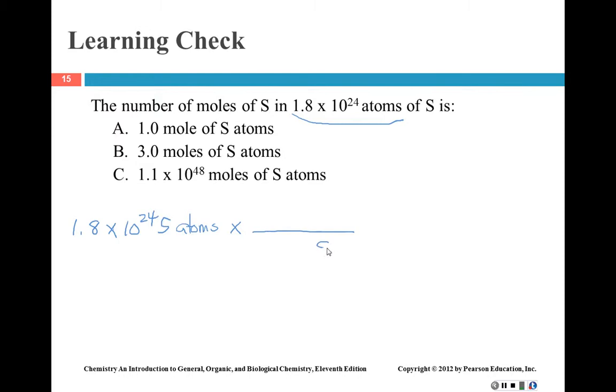Yes, sulfur atoms. And it's asking for moles, so we're good to go on that. So we know that 1 mole of sulfur gives us what? What's the magic number? 6.02 times 10 to the 23rd sulfur atoms. And then when we multiply that out, what will that give us?